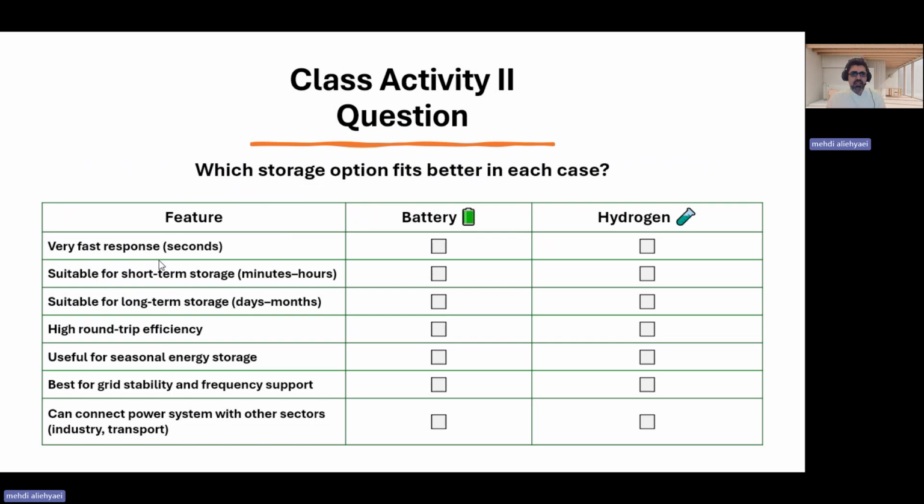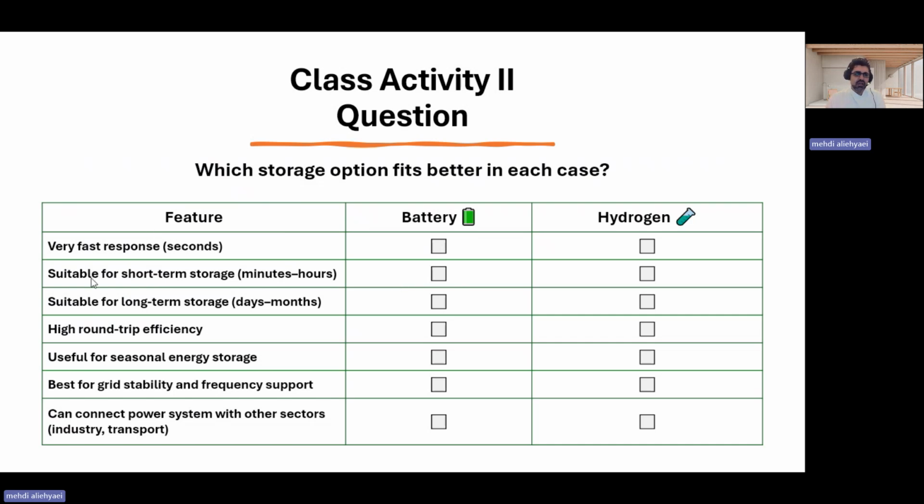Suitable for short-term storage, minutes to hours, is related to the battery. Suitable for long-term storage, days and months, is quite easy, related to H2, because if we want to use the battery for longer periods of time, the size of the battery is increased considerably.